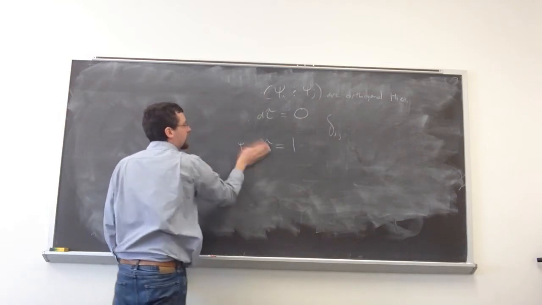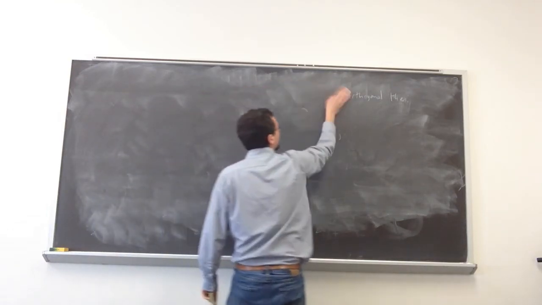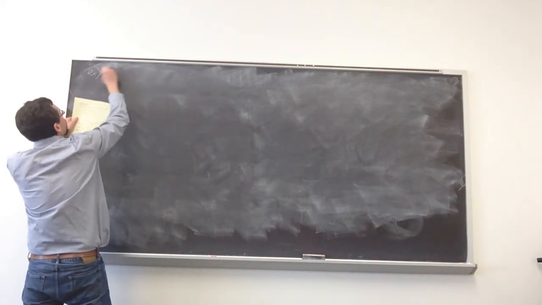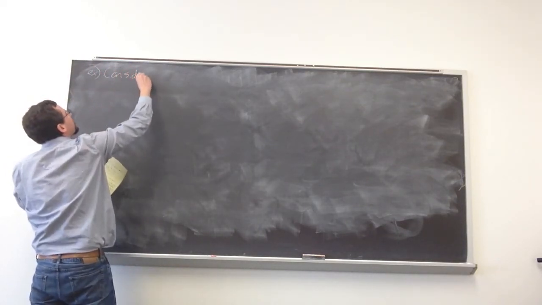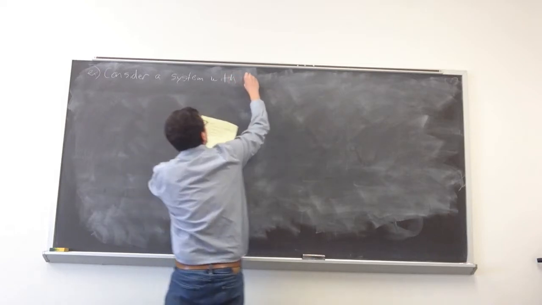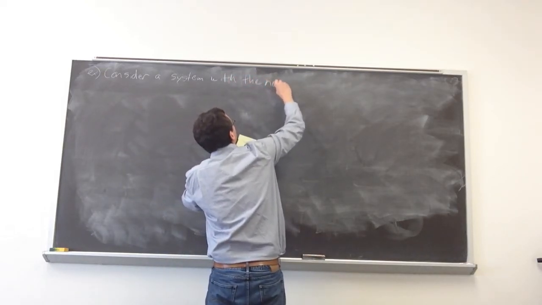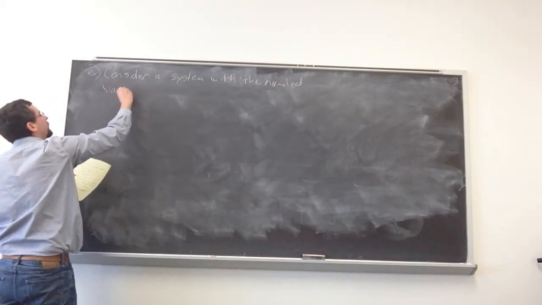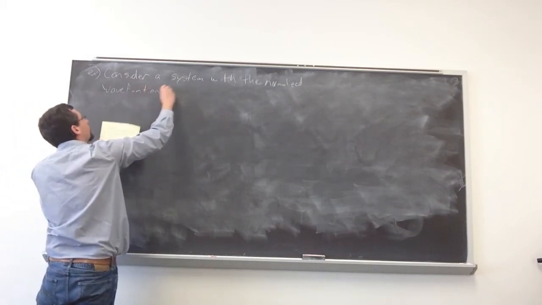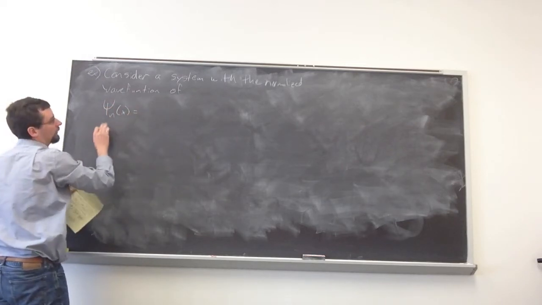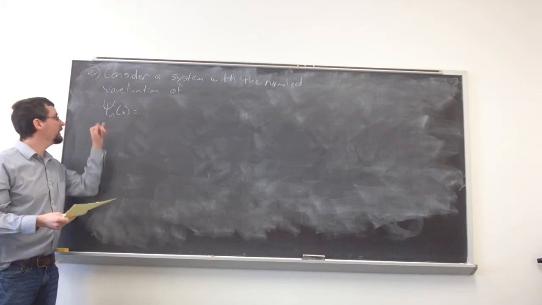We're going to consider a function. We're going to look at when we have the same function and when we have differing functions. So, example. Consider a system with the normalized wave function psi n. We're going to indicate our function has a subscript n.